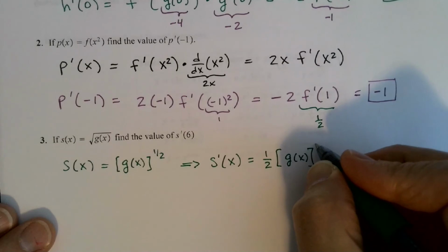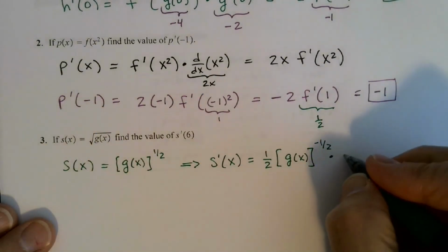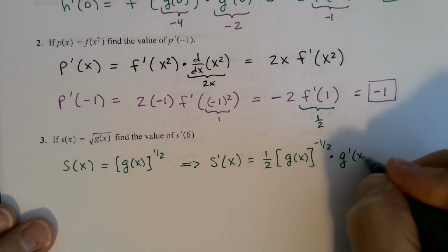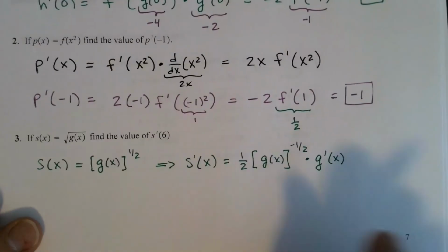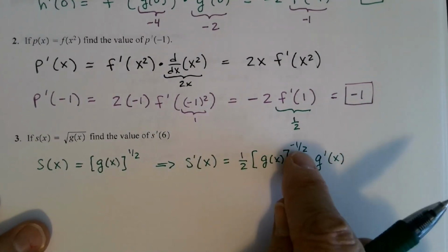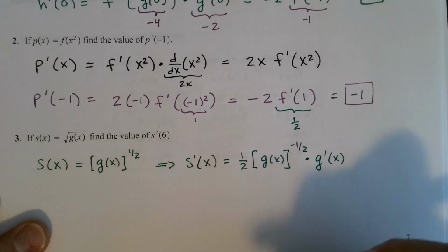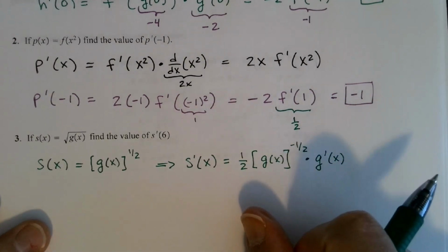Subtract 1 from a half, negative 1 half, times the derivative of the inner function, which is g prime of x. And I can clean this up because g of x to the negative 1 half is 1 over g of x to the positive 1 half, which is 1 over the square root of g of x.